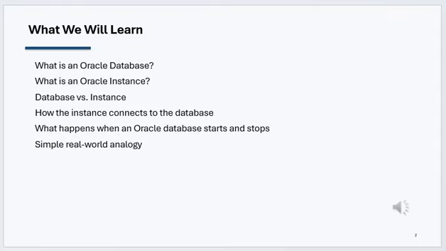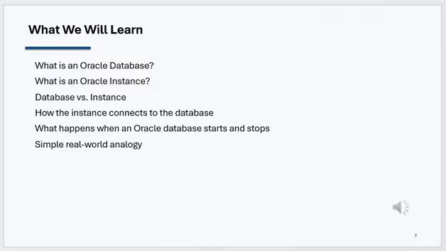Before going into the technical details, let's understand what we are going to cover. First, we understand what an Oracle database actually is. Then we will understand what an Oracle instance is. And after that, we will compare these two, database versus instance.